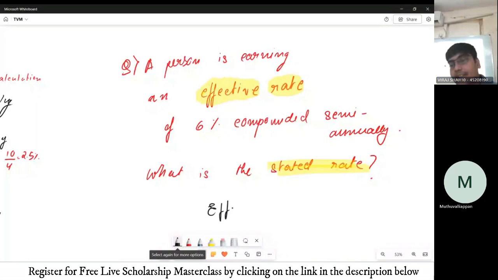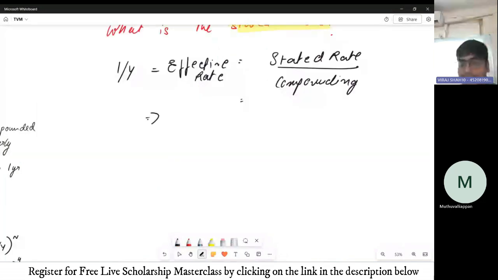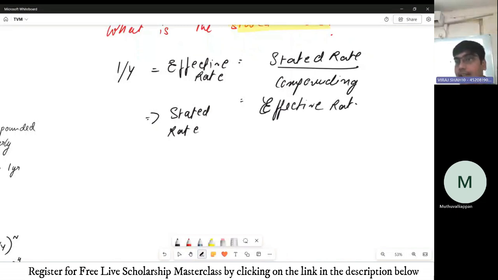Now the question is asking you what? The question is asking you for the stated rate. So can I write stated rate is equal to effective rate into my compounding frequency?